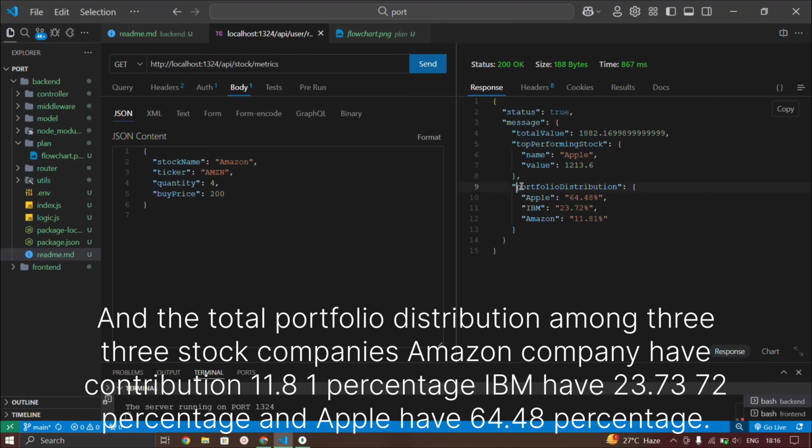And the portfolio distribution among the three companies: Amazon has a contribution of 11.81 percent, IBM has 23.72 percent, and Apple has 64.48 percent.